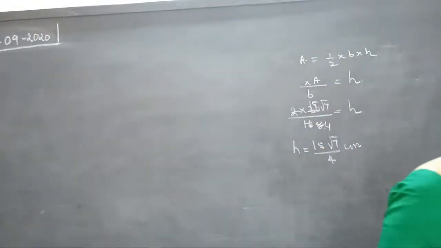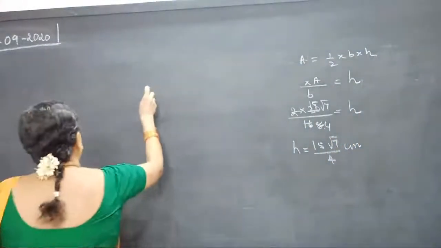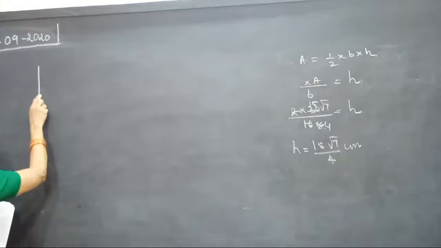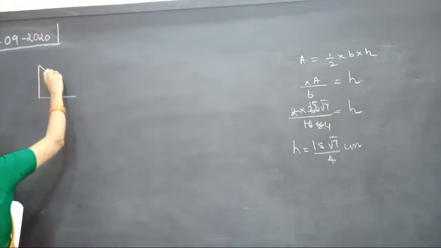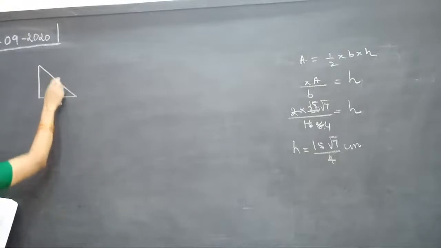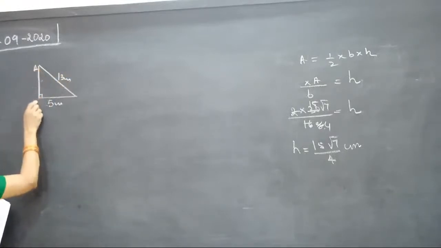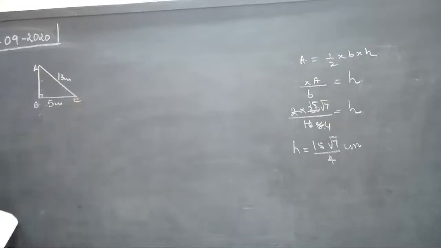The base and hypotenuse of a right angle triangle is 5 centimeter and 13 centimeter. I think this type of question you had in your MCQ.